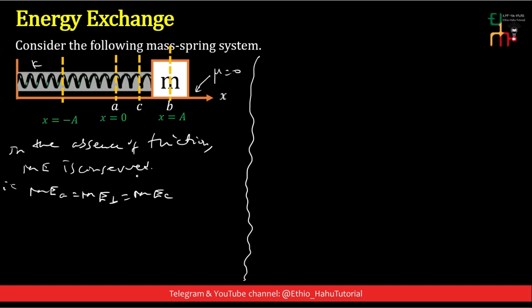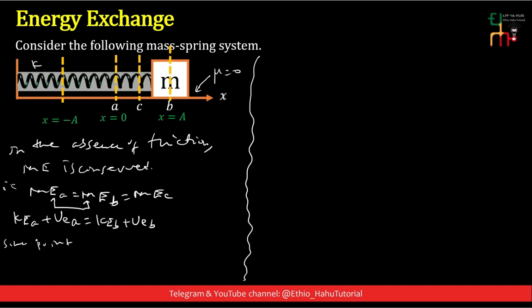Here, since there is no rotational motion, we ignore rotational kinetic energy, and since the block moves along the same level, the gravitational potential energy is constant, and the change in gravitational potential energy becomes 0 as it moves from A to B or B to A. Therefore, mechanical energy at point A is simply kinetic energy at point A plus elastic potential energy at point A, which is equal to mechanical energy at point B, kinetic energy at point B plus elastic potential energy at point B.